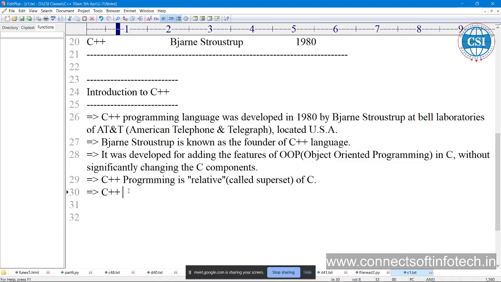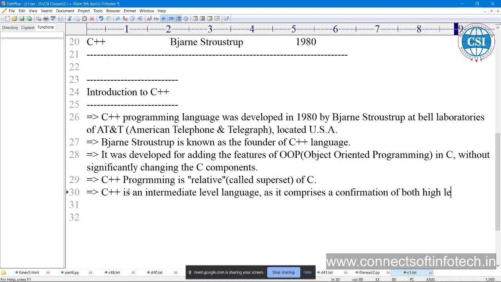Okay, C++ programming is called a superset of C. C++ is an intermediate level language, as it comprises a combination of both high level and low level features.